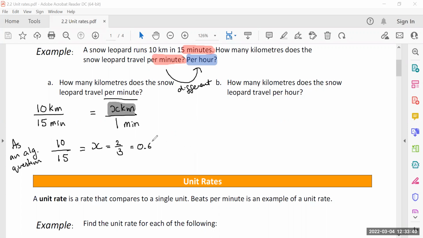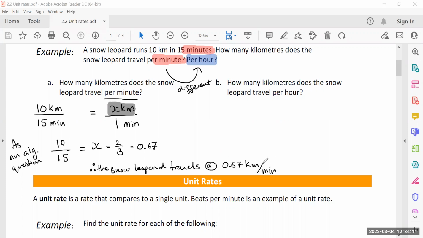So I'm going to round it ahead of time because I'm not interested in too many decimal places in this particular question. So I would say, therefore, the snow leopard travels at 0.67 X kilometers per 1 minute.